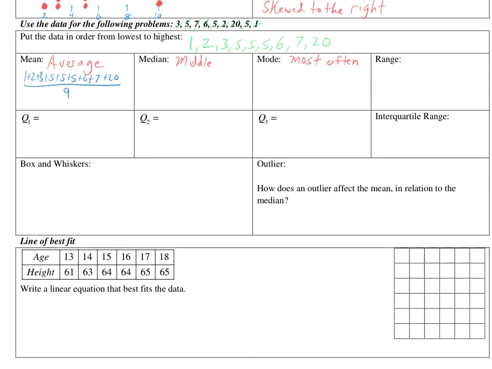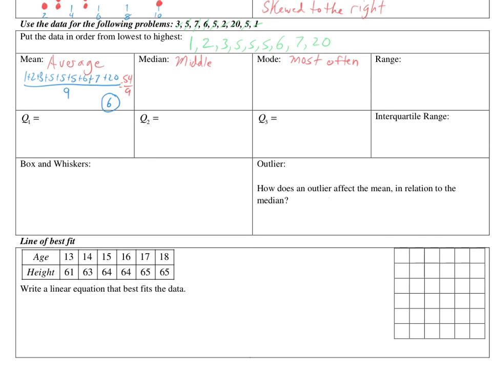So you add those all up, and you're going to divide by 9. Now, I'll just tell you, when you add those up, you're going to get 54, and the bottom stays 9. And 54 divided by 9 is 6. So my average of all these numbers is 6.